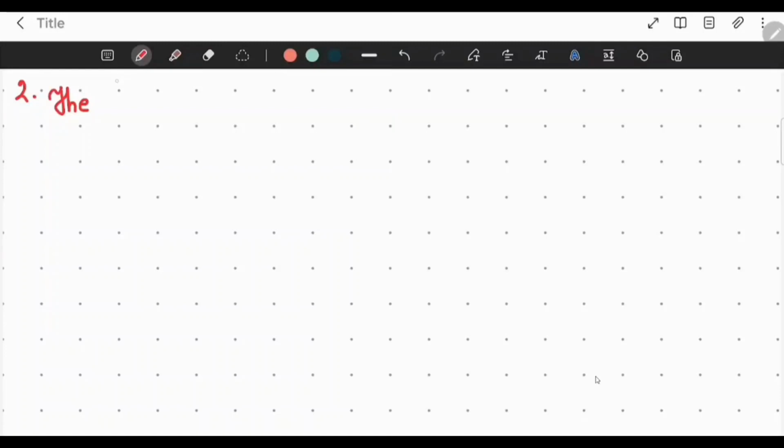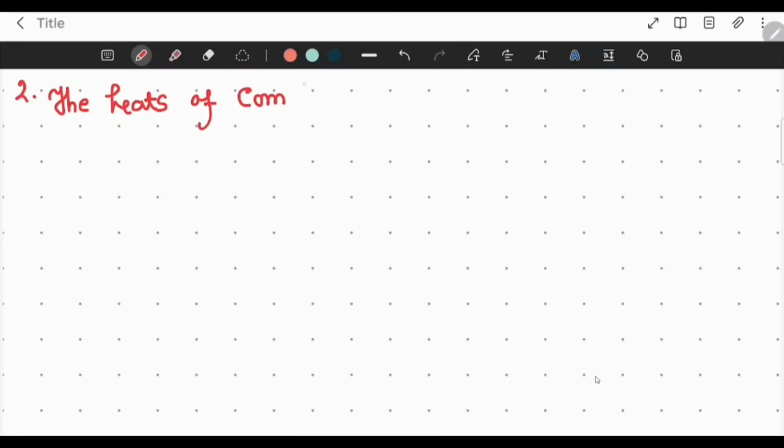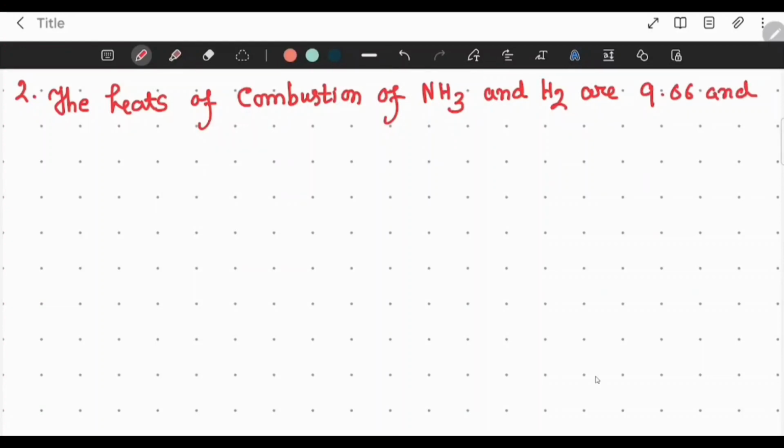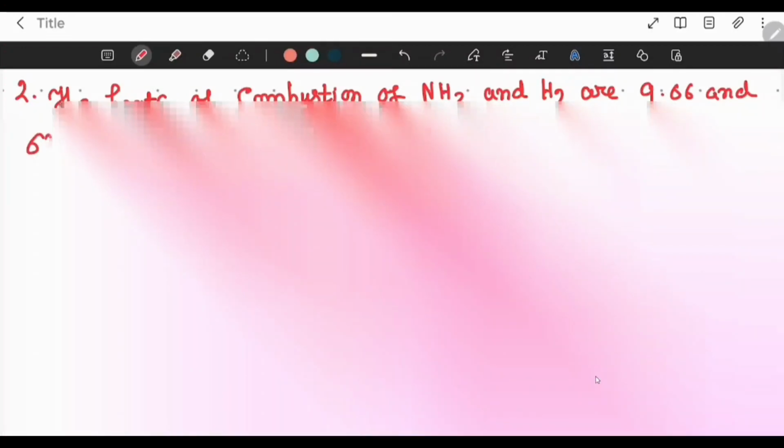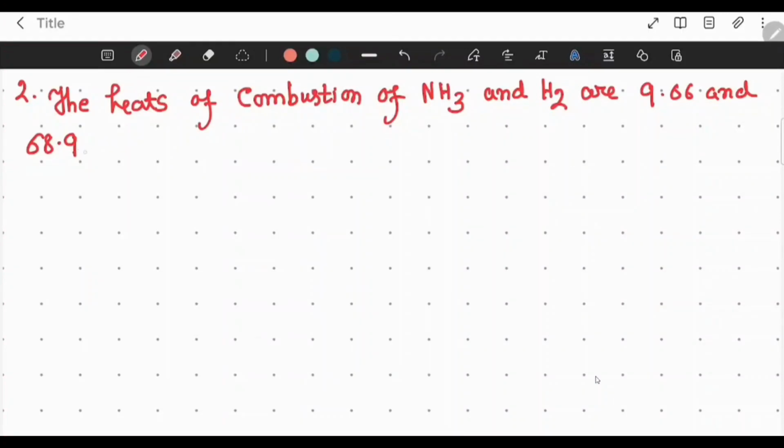The heats of combustion of ammonia, NH3, and H2 are 9.06 and 68.9 kilocalorie respectively.